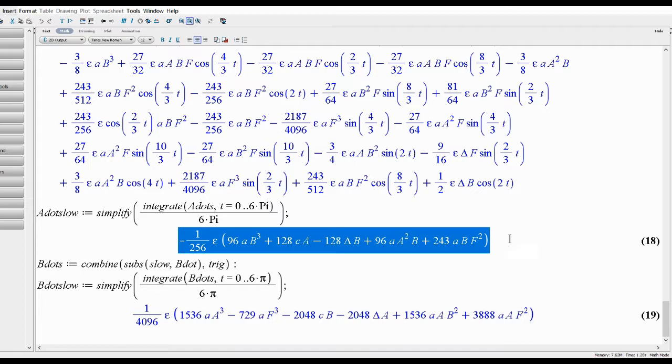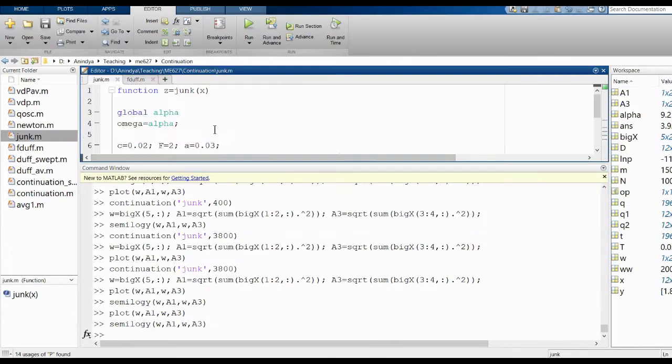I'll come here now, and remember I have an A and a C and a delta and so on. Let's move to this file here, and I have to have a delta. No, delta is here. This is delta. Okay, these are defined. I have to figure out what epsilon is.